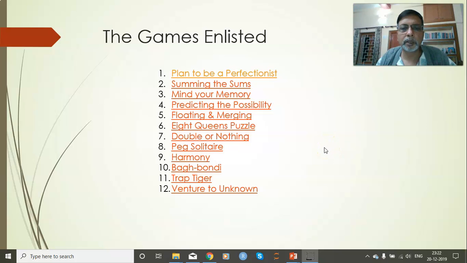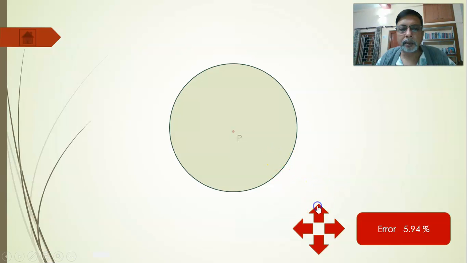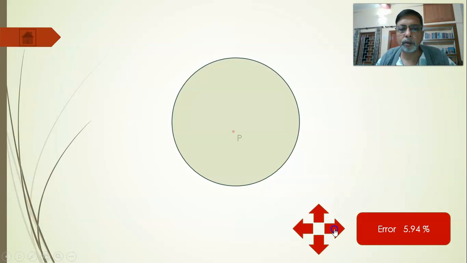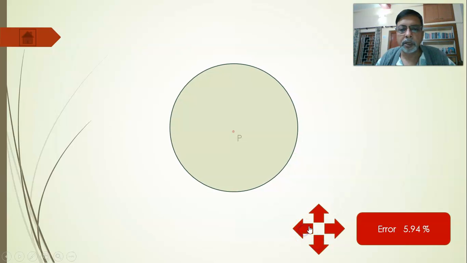So let me start with Plan to be a Perfectionist. We have a circle here which we can move using these arrows. The game is to put the circle so that the center of the circle coincides with the point P. So let me see how close I can go.